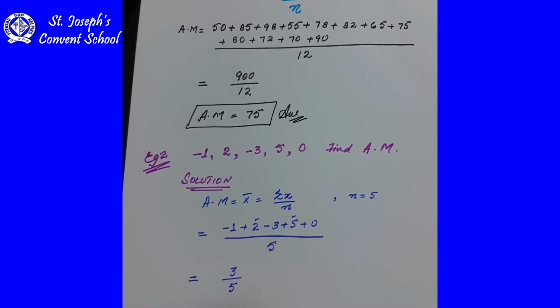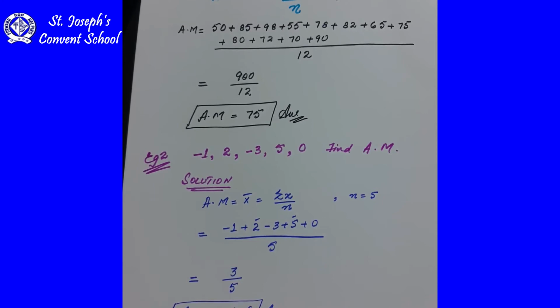Now you can further divide it into decimals and write the answer. So it is 0.6. This is the answer. So if a minus sign is given, then also you can solve it. It's not difficult, it's very simple, very easy.